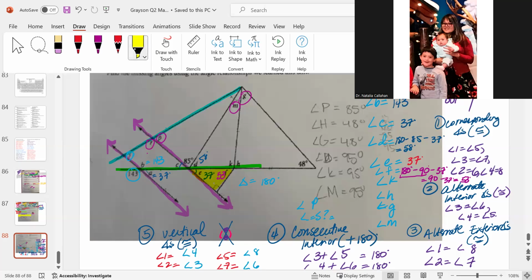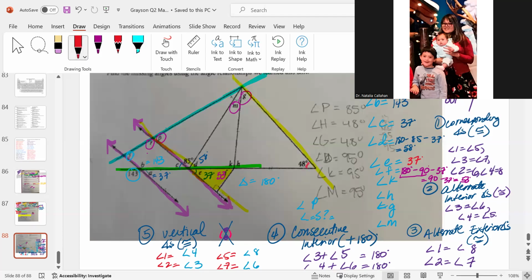Although I do think that this line here and this line here are parallel, and we have a transversal right here. So let's see. But that doesn't help me with anything. Oh, maybe it does.